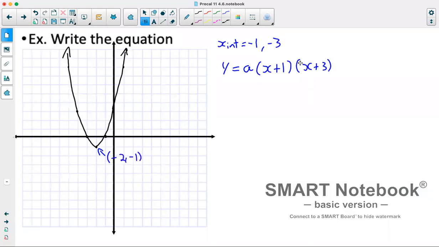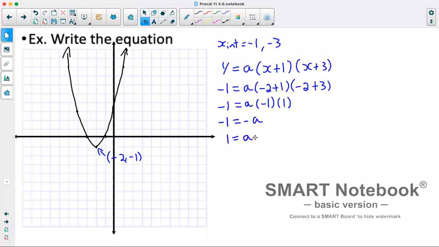So I'll plug that in for x and y and then solve for my a value. So I have -1 is equal to a times -2 plus 1 times -2 plus 3. That's -1 is equal to a times -1 times +1. So we have -1 equals -a, so our a in this case is equal to 1.